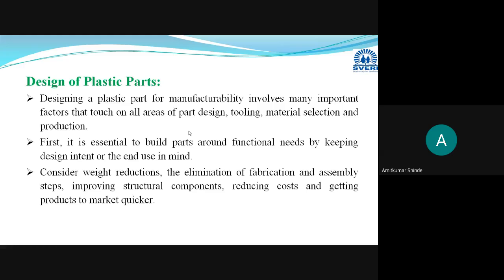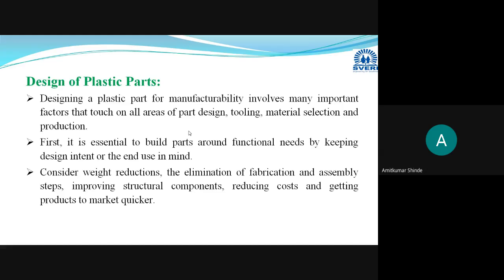Whichever need is there, you have to consider whether it is feasible. Whichever design you are thinking of in your mind, it should be feasible, which means it should be practically possible.